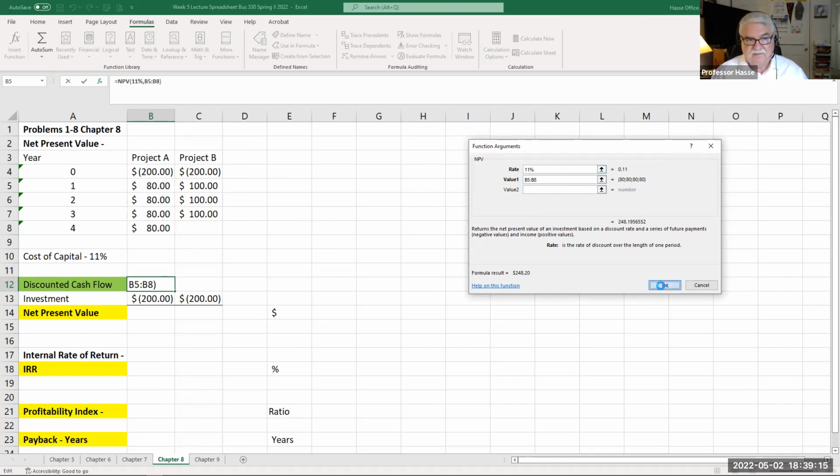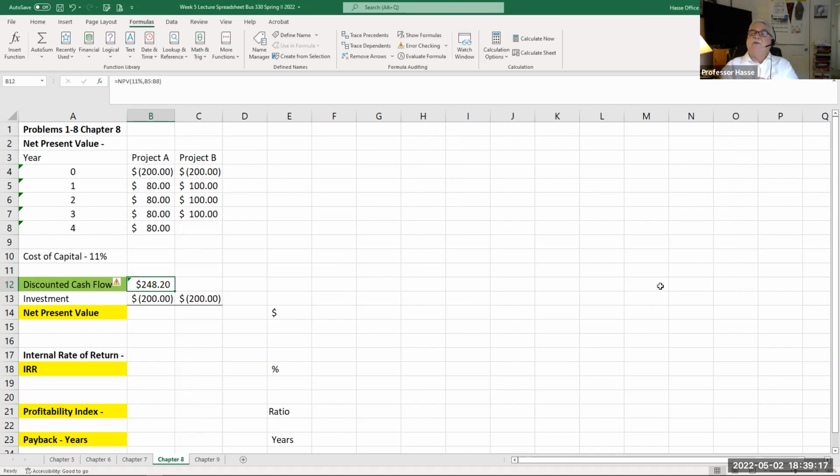And that is $248.20. In other words, this $320 is actually discounted at 11% to represent $248.20. The net present value is the difference between that discounted cash flow and the investment.